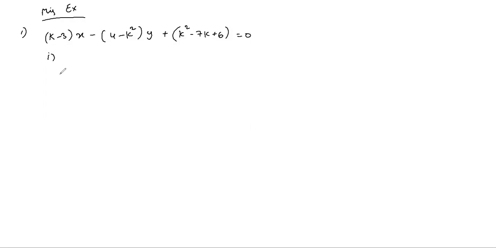What is the first one? Line parallel to x-axis. What is the condition?